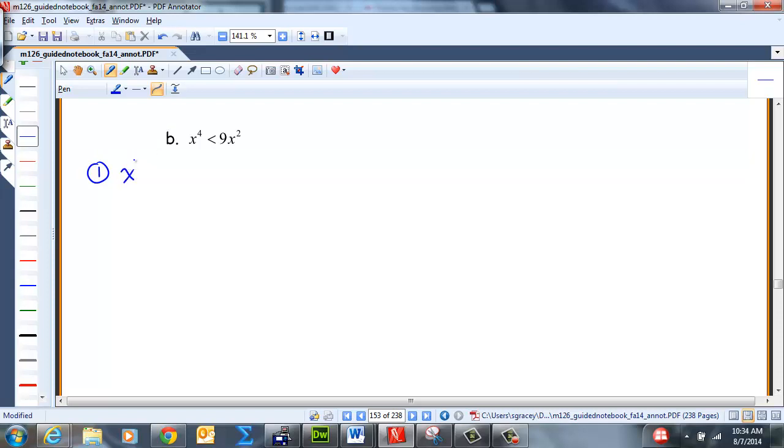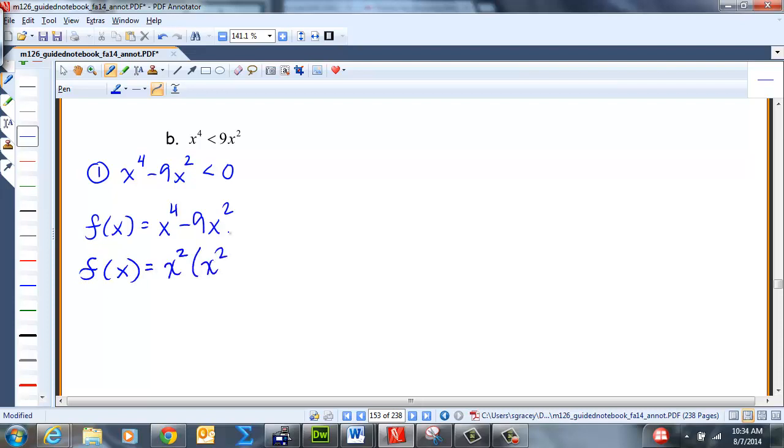Awesome, we have to subtract 9x squared from both sides so that we get 0 on one side of the inequality. So f of x is equal to x to the fourth minus 9x squared, or if you want, you could think of it as f of x is x squared times x squared minus 9. That'll make it easier to find the zeros.